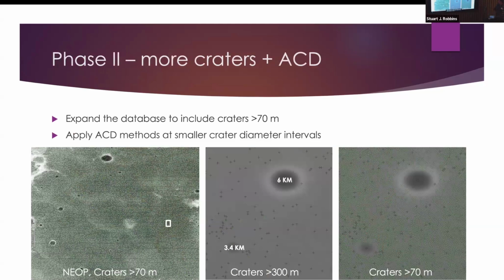We're going to move on with our database, and so here's basically an image of the 70-meter and up crater diameters. Here's a zoomed in example of what we see with the data we worked with previously, 300 meters and up.